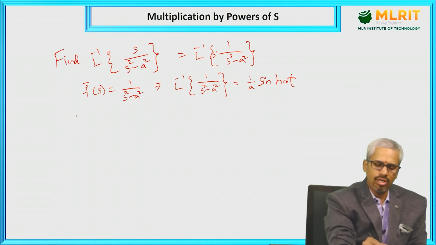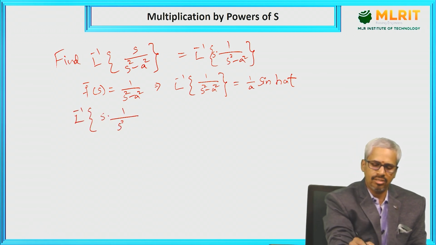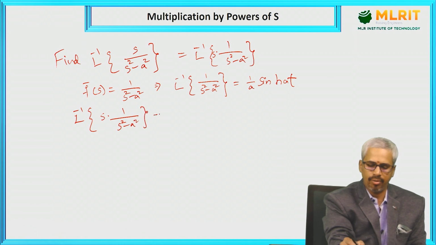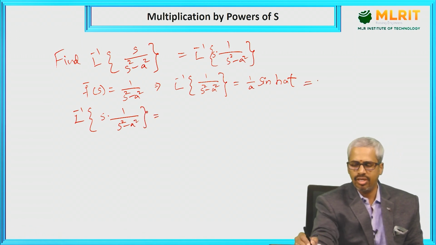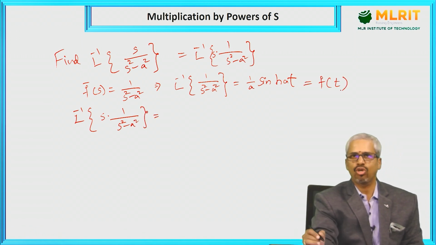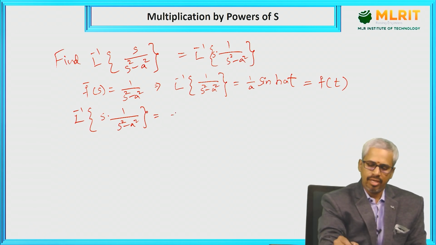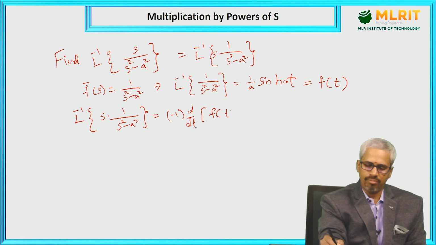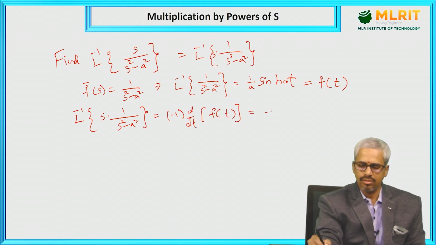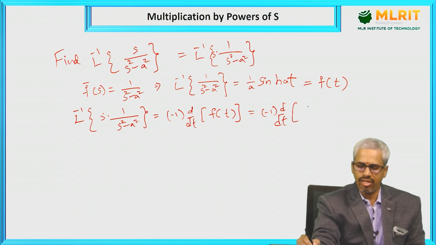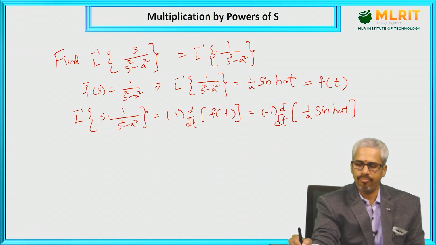Now, we want L inverse of s into 1 upon s square minus a square. So, this function we assume as some function of t, denoted by f of t. This is d by dt of f of t, that is d by dt of 1 by a sin h a t.